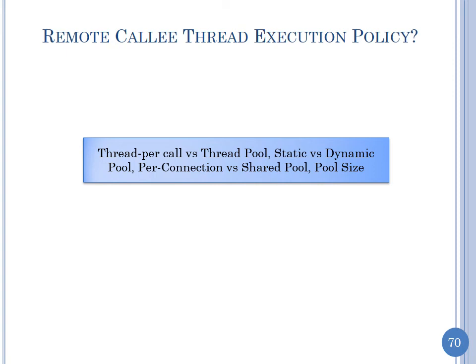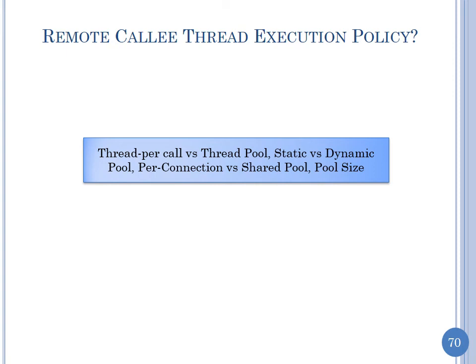Given that there might be multiple calling processes for a callee process, the pool could be shared among all the calling processes, or we might have a per-connection pool. And if you have a static pool, the question is, what is the pool size?